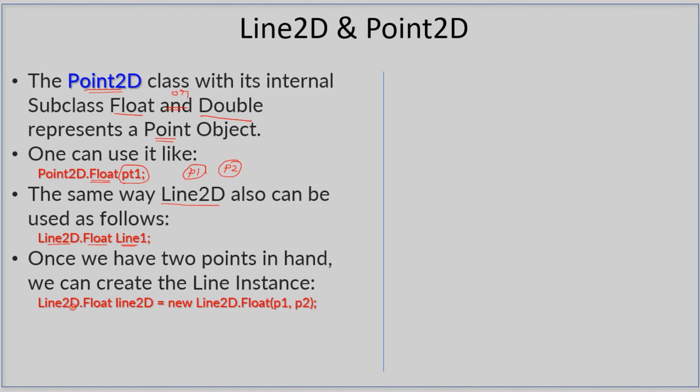You can create a line object like this: Line2D.Float line equal to new Line2D.Float, and to the constructor we are passing the 2 point instances. So here you have point p1, then you have point p2. Once you give these 2 points to Line2D, then the Graphics method knows how to draw a line between these 2 points.